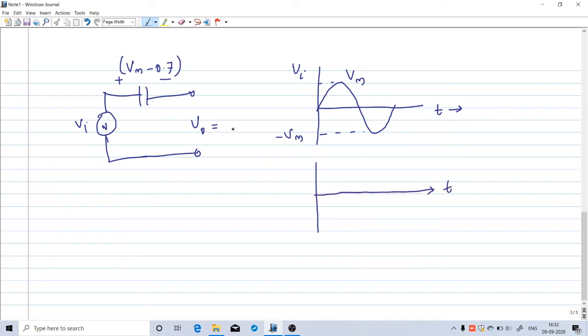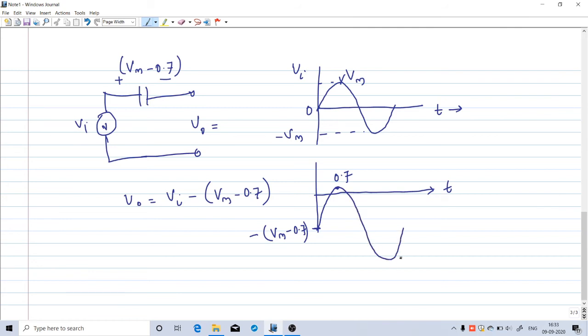If I do this calculation, Vo is Vi minus, instead of Vm, Vm minus 0.7. Initially the voltage is 0, so the 0 point shifts to 0 minus of Vm minus 0.7. So this goes to minus of Vm minus 0.7. Then the peak value is Vm, so the peak will shift to Vm minus of Vm minus 0.7. So it will shift to positive 0.7 volt. So you will get something like this.